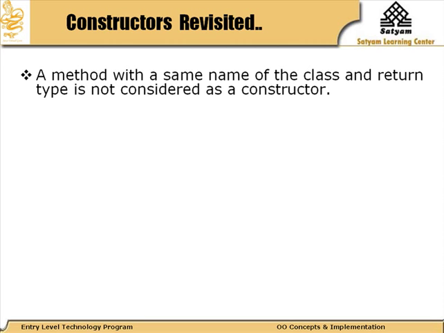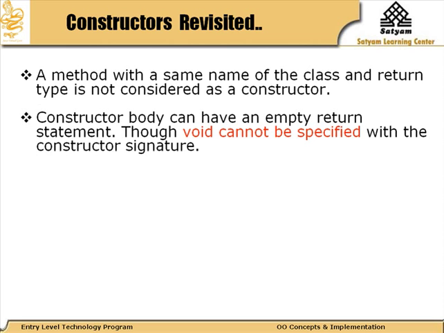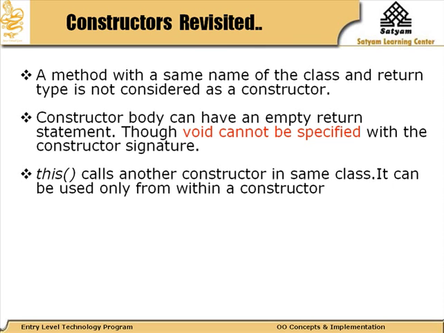Constructors revisited. A method with the same name as the class and a return type is not considered a constructor. Such a method is considered a regular method by the compiler. A constructor's body can have an empty return statement, though void cannot be specified. this() calls another constructor in the same class.